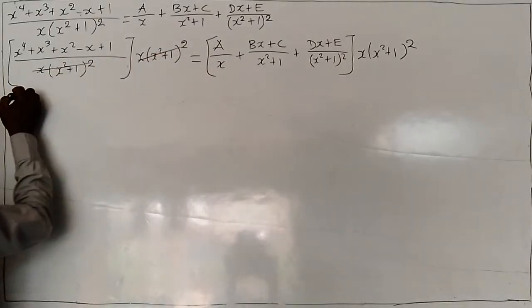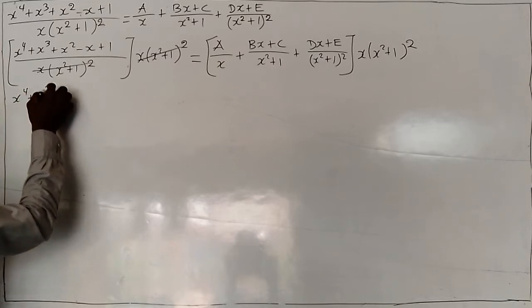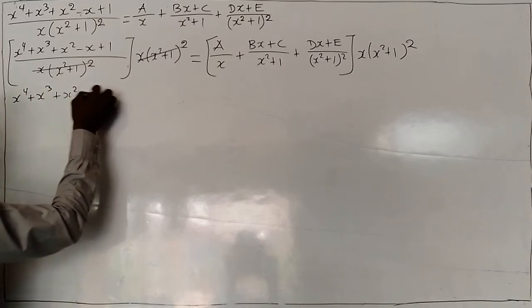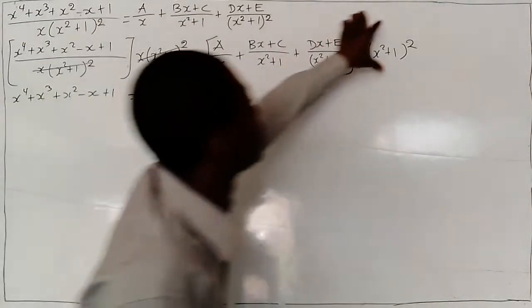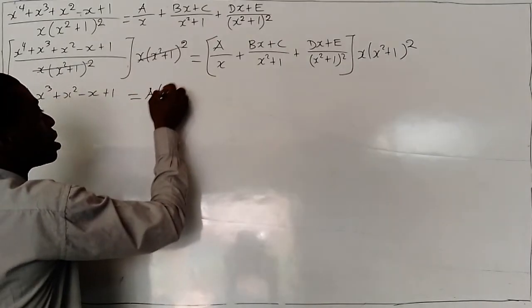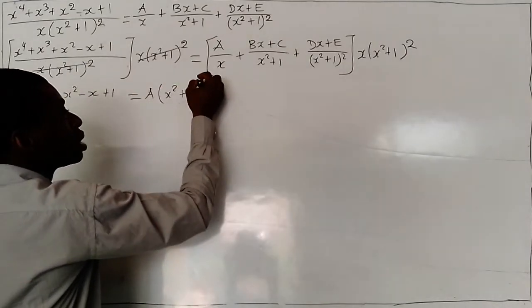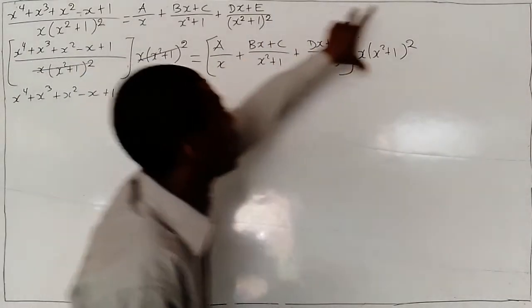So on this side, we are left with x raised to the power 4 plus x raised to the power 3 plus x squared minus x plus 1, which will give us this times this. The x will cancel, it will remain a times x squared plus 1 squared, plus this times this.